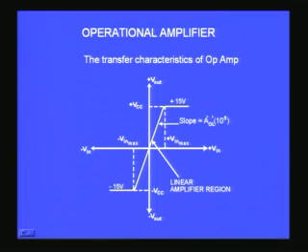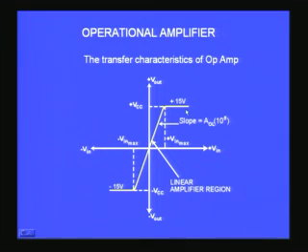Because this is without feedback, the open loop gain is 10 to the power of 5. If whatever voltage you give, multiplied by 10 power of 5, comes out larger than the power supply voltage with which you have energized your circuit, then the output will saturate at plus 15 volts, because no amplifier can amplify more than the power supply voltage you have supplied. Here the power supply voltage is plus 15 and minus 15.